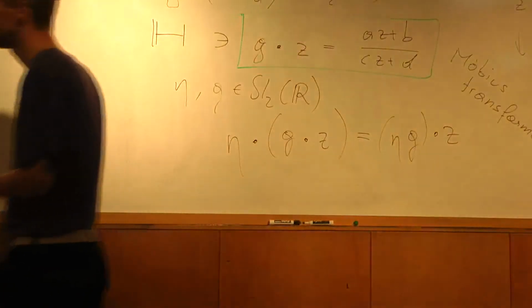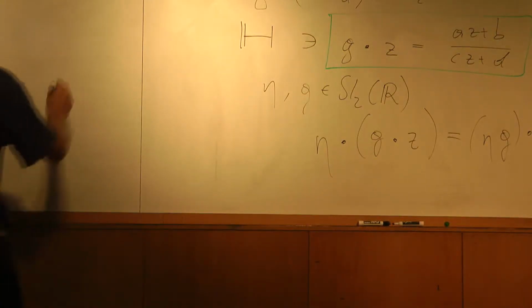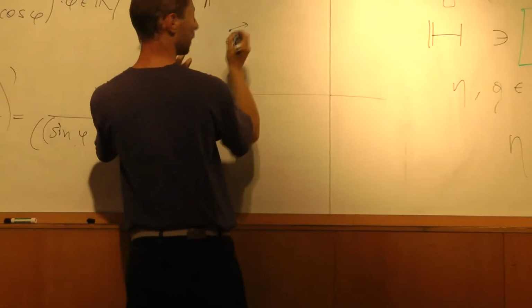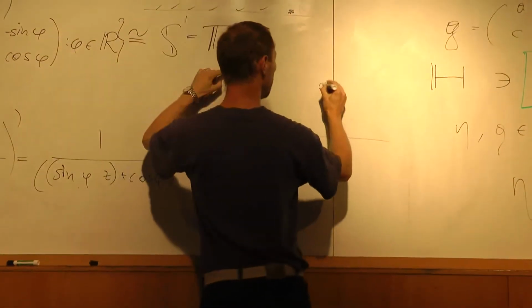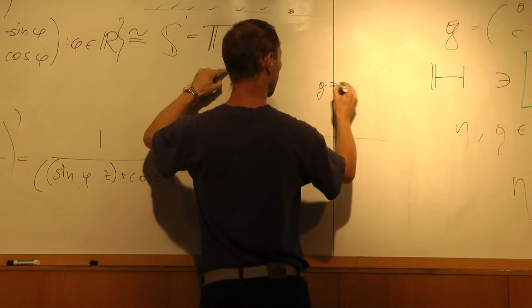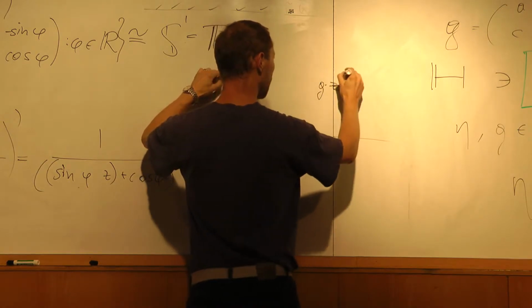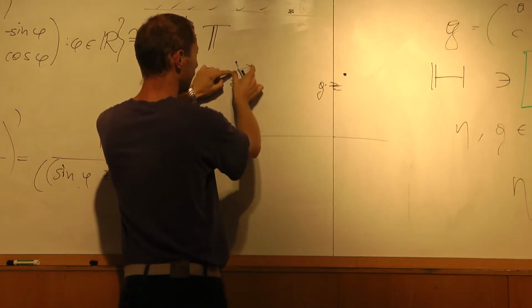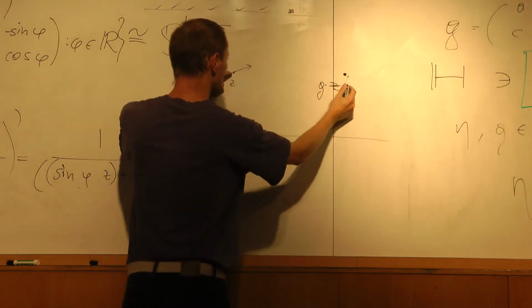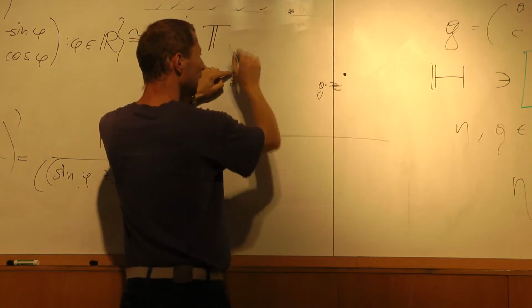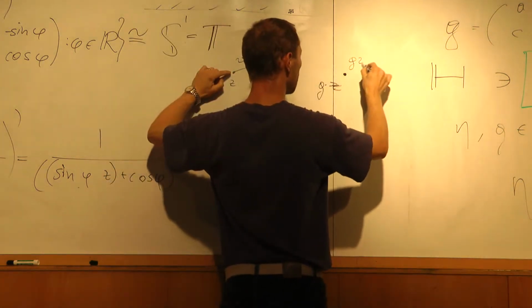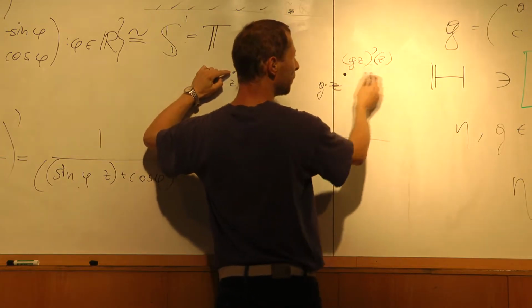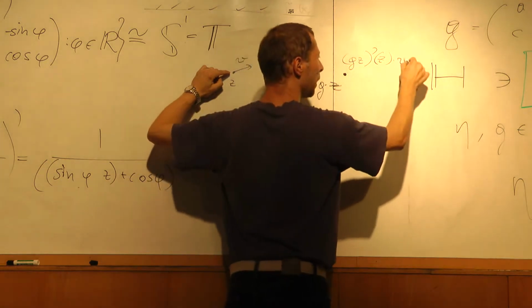Which of course you should think of this way. So here you have z, and you have a tangent vector, right? And then you have g times z, and the vector v goes then to the derivative of g at z, which is just a complex number multiplied by v.